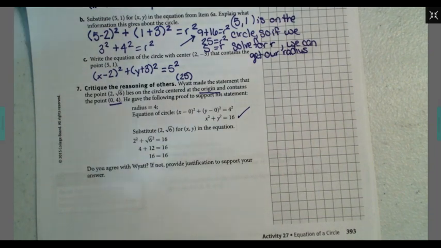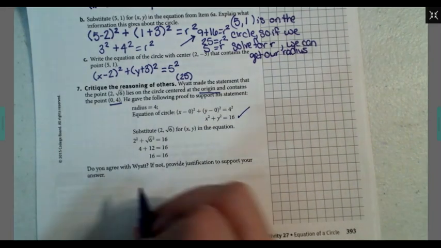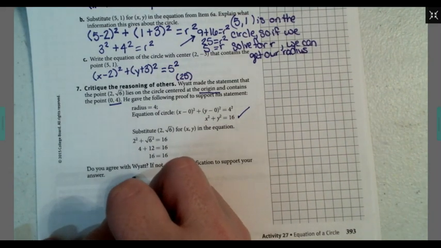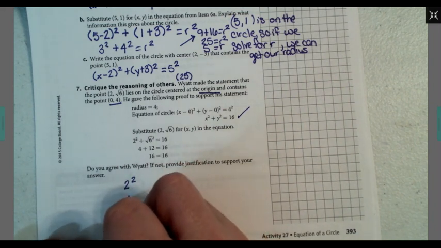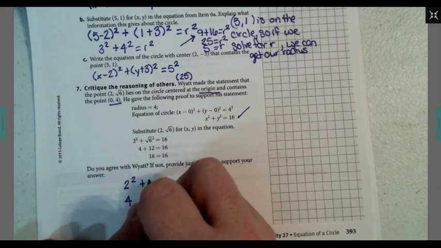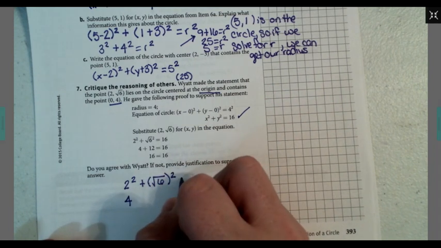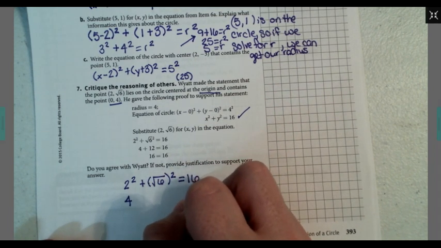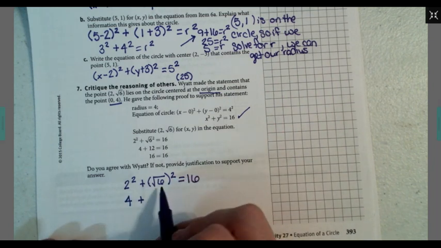2 squared. Would you agree that 2 squared is 4? Yes. Is the square root of 6 squared 12? 2 squared is indeed 4. But the square root of 6 raised to the second power is not 12.